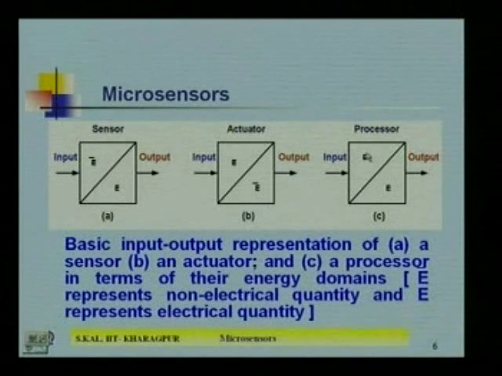There the input is electrical and the output is also electrical. So, a processor changes an electrical input to an electrical output, but maybe the amplitude or frequency is changed at the output, depending on the block you are going to use. These are the three blocks which transform some quantity of energy into another form of energy.